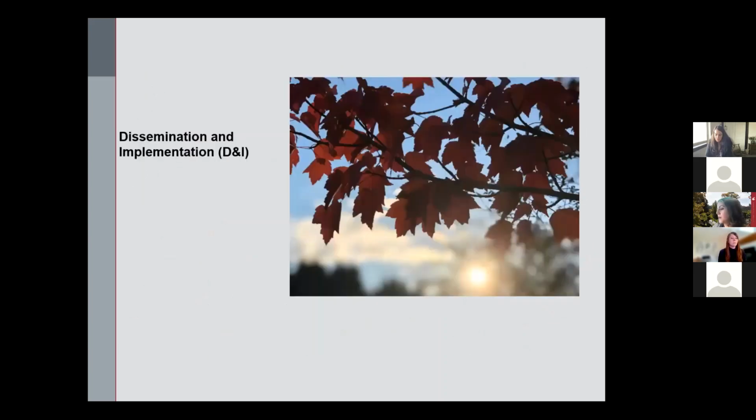Okay, so I wanted to talk about dissemination and implementation a little bit. The rewarding recovery study, we had a little bit around that, but primarily the centering culture in MOUD is an implementation study.